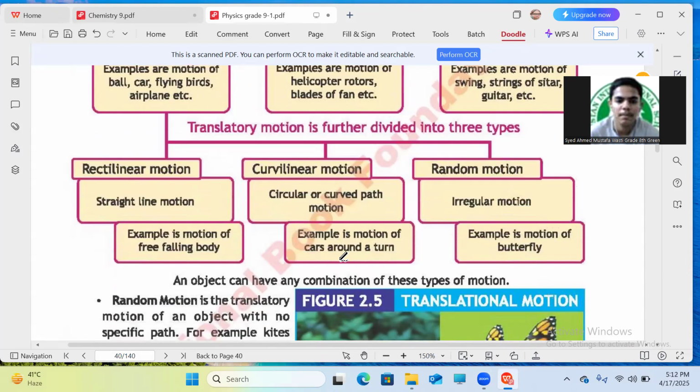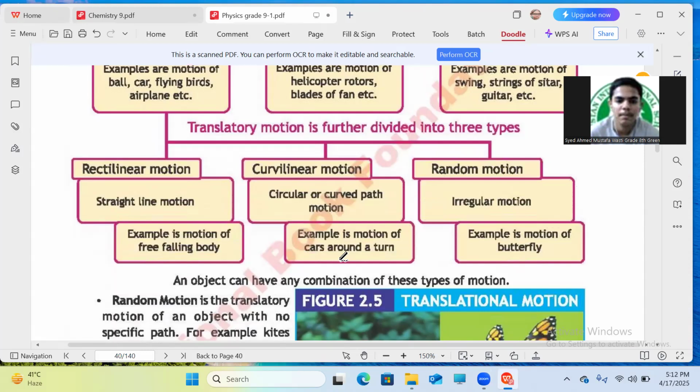These three examples you can add to curvilinear motion. Have you done? Yes. Which examples have you written? I wrote motion of a snake, an earthworm, and a spring.